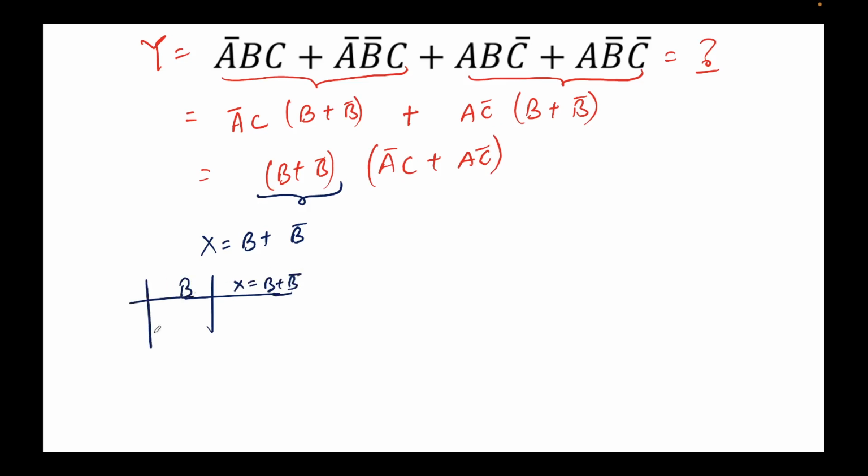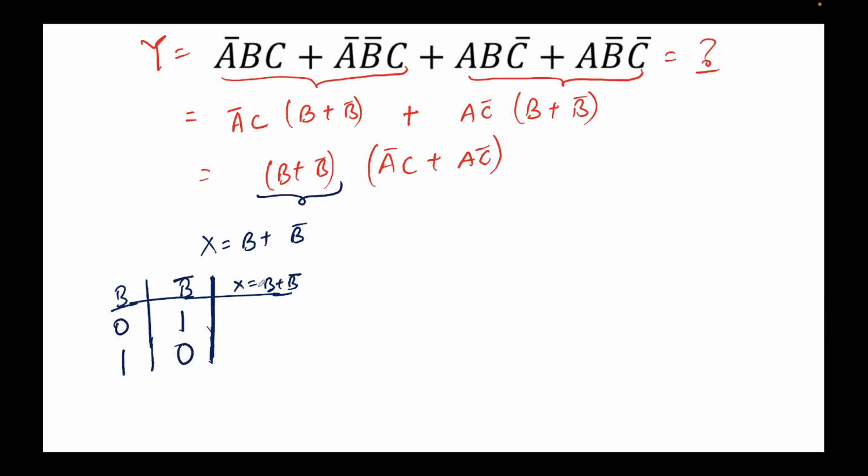Let's try to populate this truth table. There are only two possible combinations, either B is 0 or B is 1. If B is 0, B bar would be 1, and if B is 1, B bar is 0, correct?